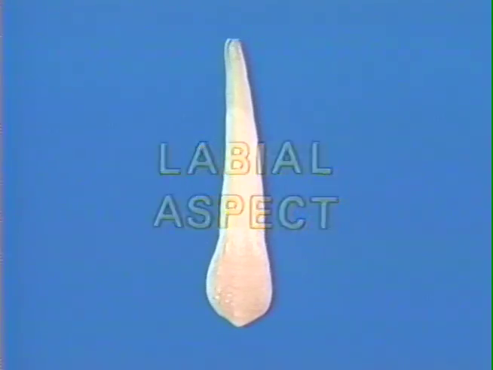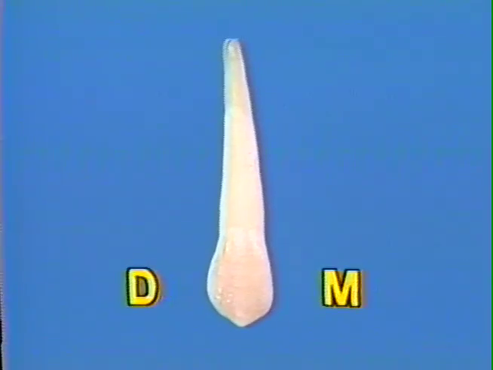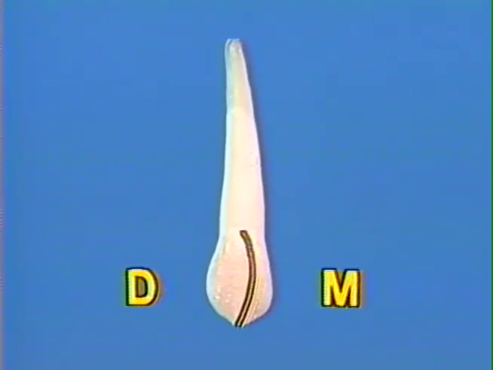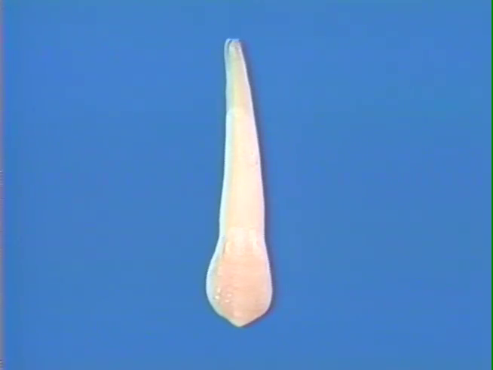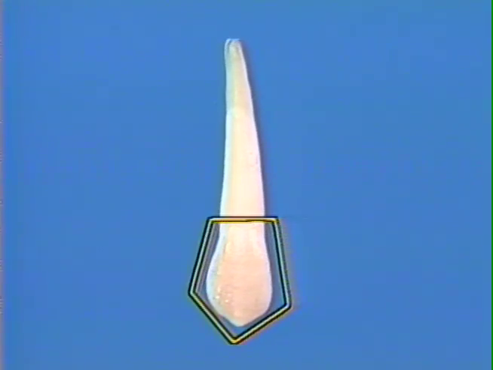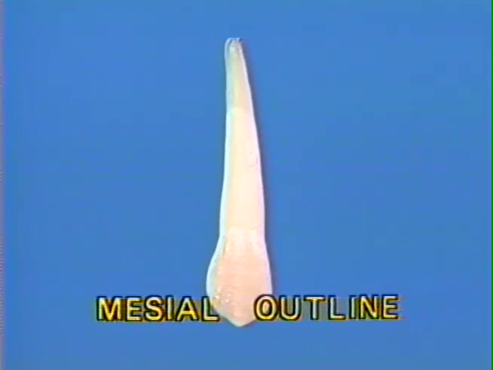The labial aspect. The labial surface is convex in all directions, both incisogingivally and mesiodistally, with a general outline that is roughly pentagonal or 5-sided in shape. Mesial outline.